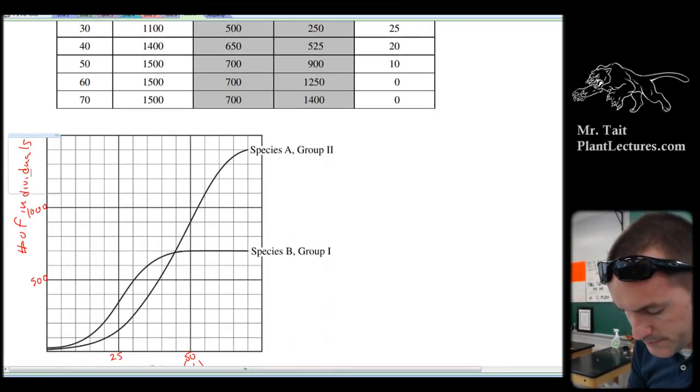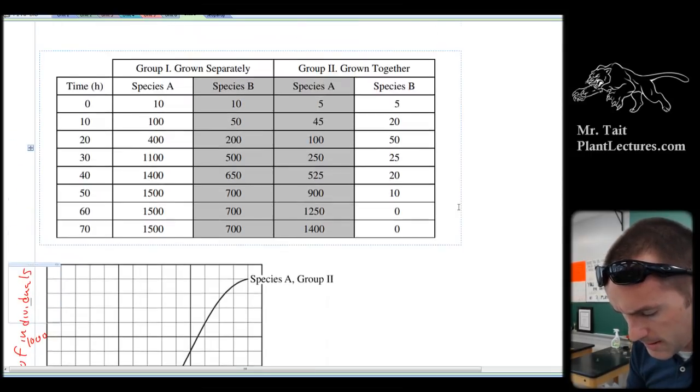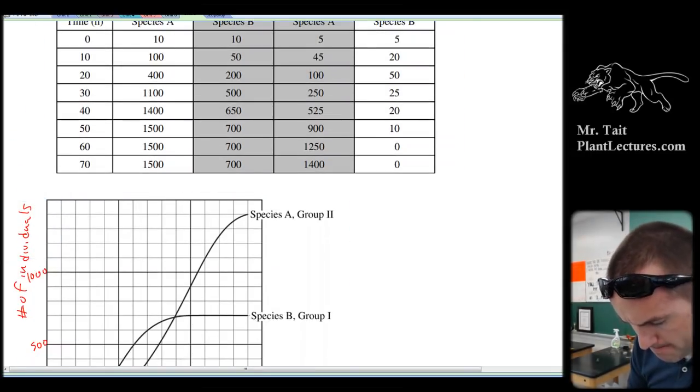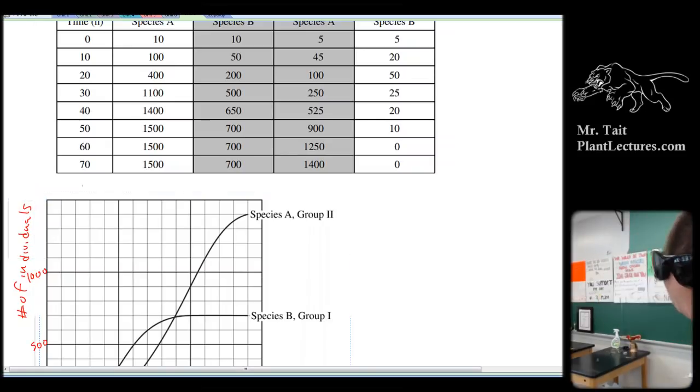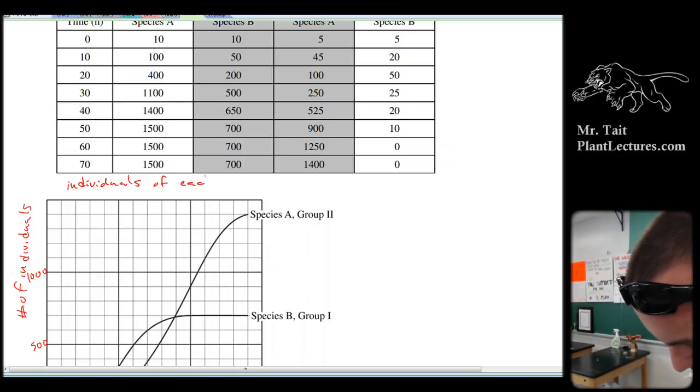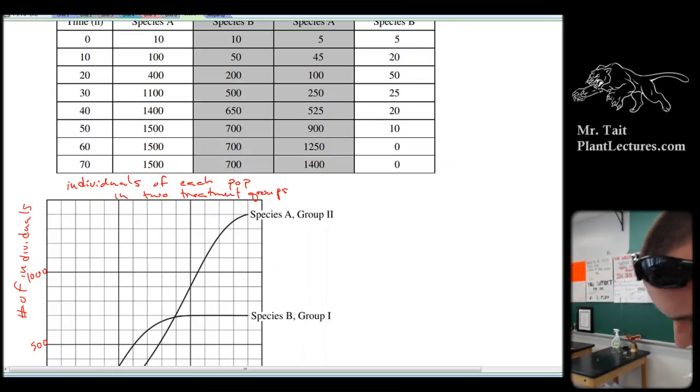And then at the top, you should have written something like individuals in each protist population in 2 treatment groups. Okay, something like that. And then you should have gone through and plotted them.